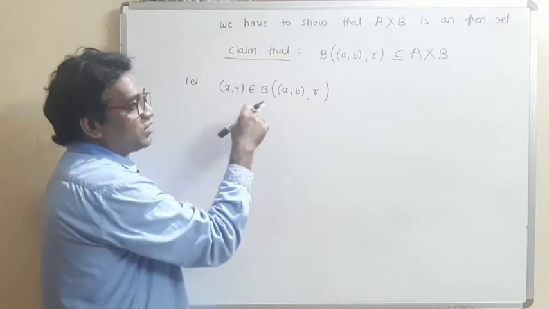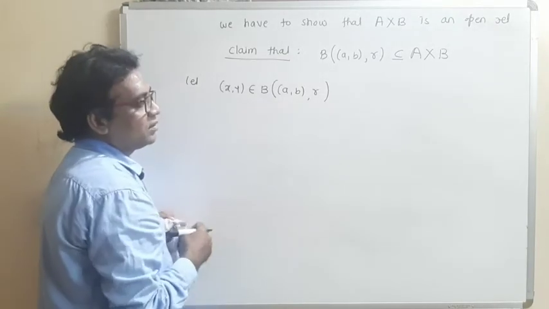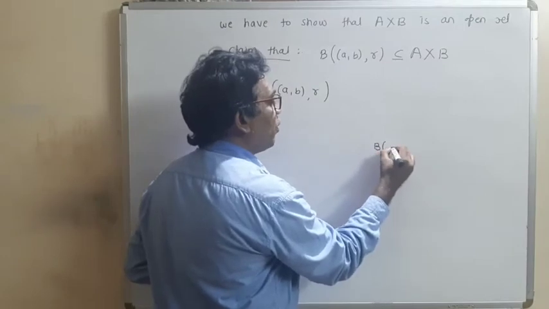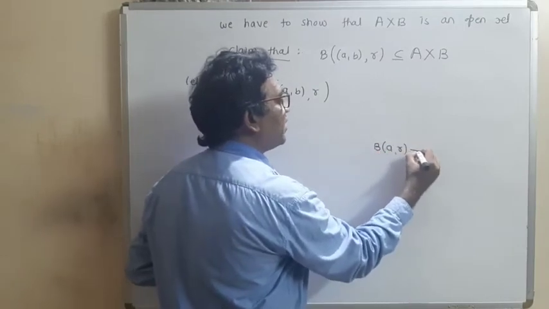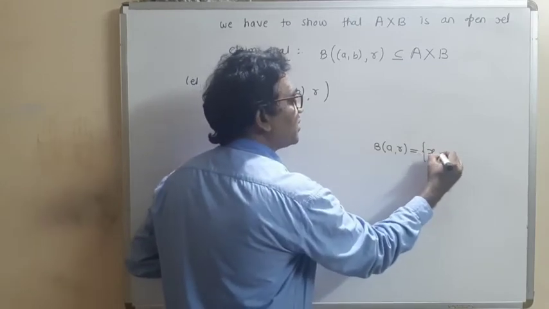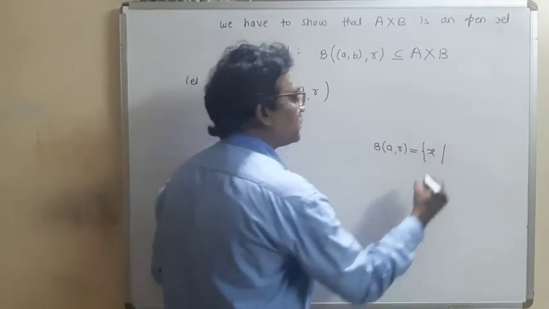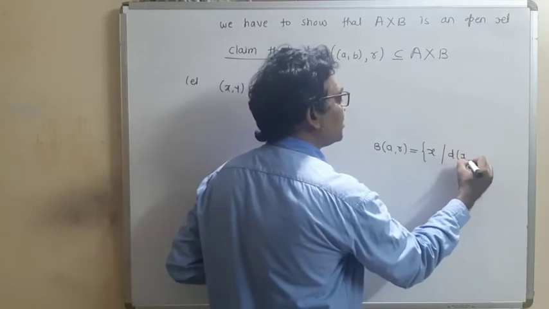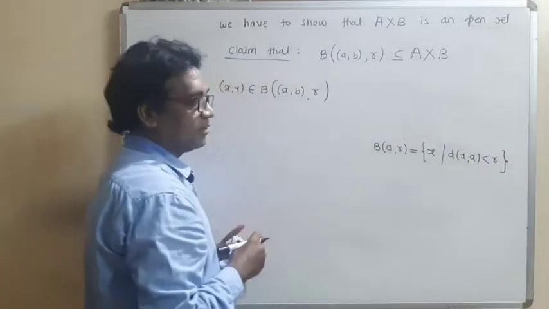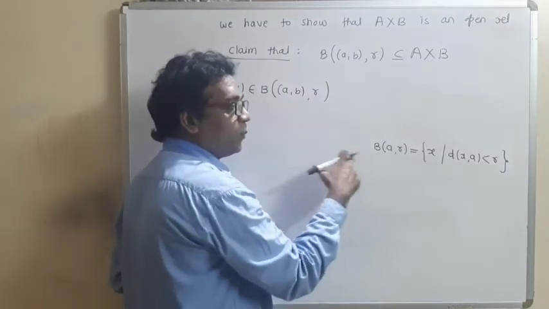Now see what is the definition of an open ball or open set. The open ball B with center at a and radius r is given by the set of all those elements in the metric space satisfying the condition that the distance between x and a is less than r. This is the definition of an open ball or open sphere.